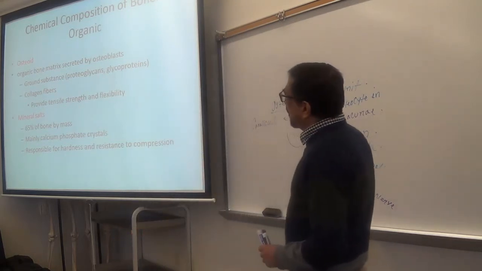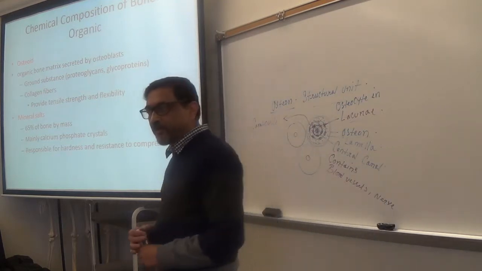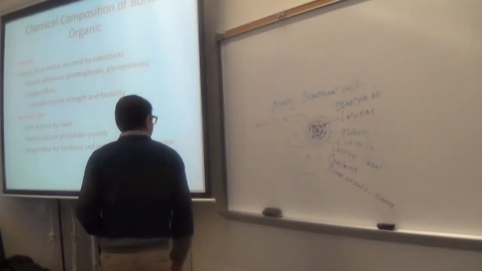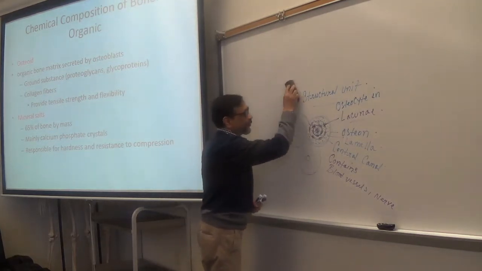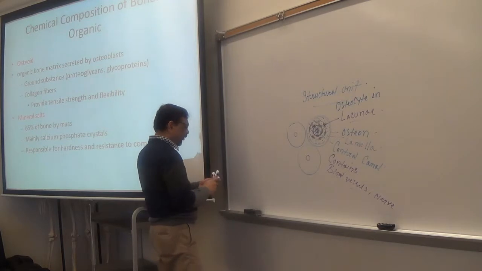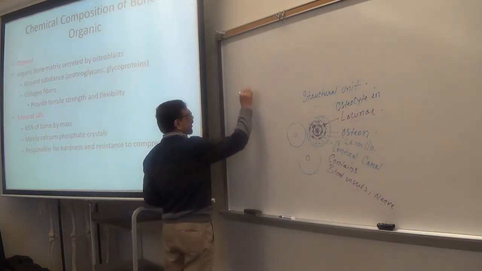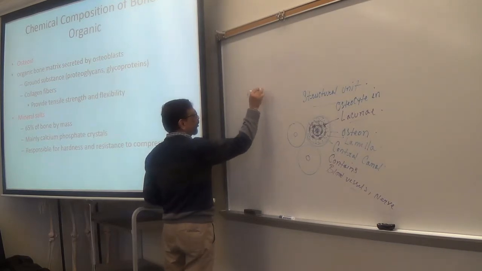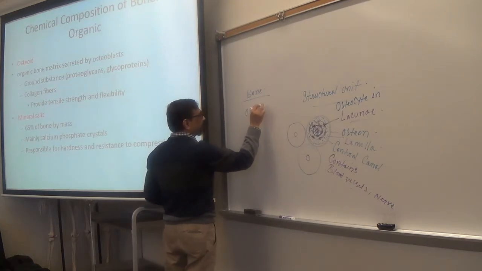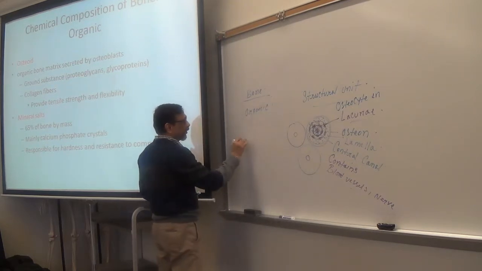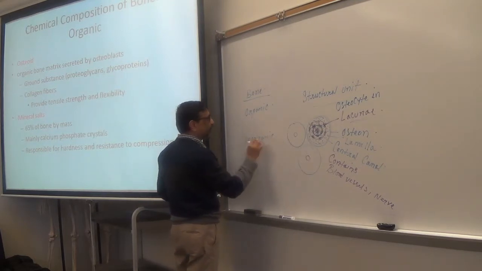Okay. Now we'll see the chemical composition of the bone. Bone has two types of compounds, both organic and inorganic. If you see the chemical structure of bone tissue, it has an organic compound and an inorganic compound.